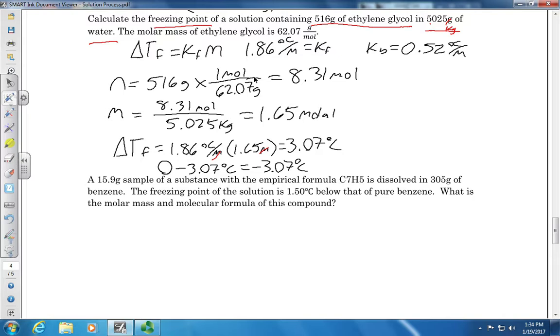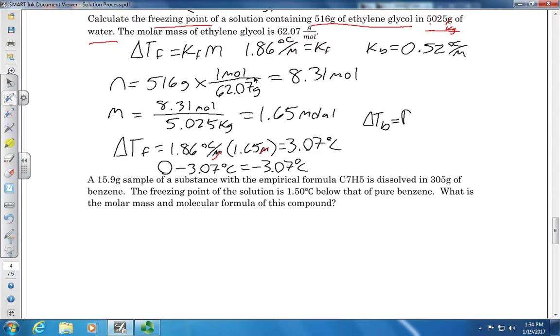What does that mean? Well, that means at this particular concentration of ethylene glycol in water, it will freeze at negative 3.07 degrees Celsius. If we were to do the same thing for boiling, we could take delta T sub B, and that's going to be K sub B times the molality.